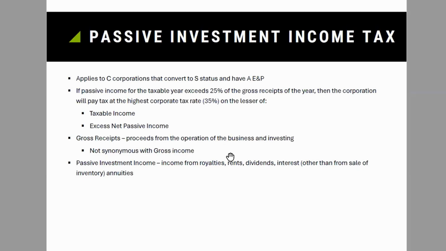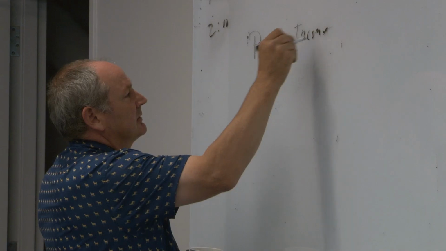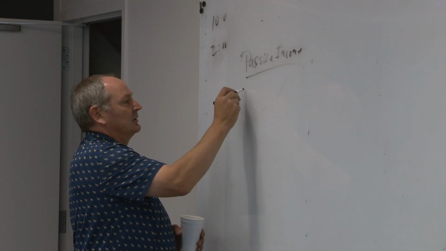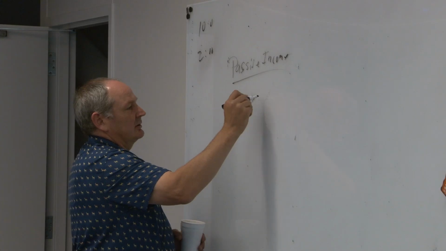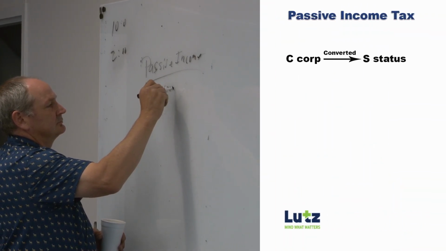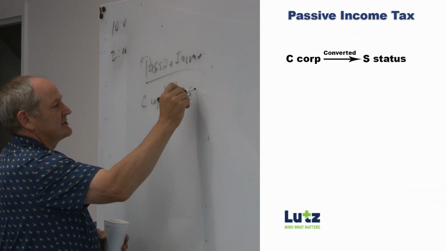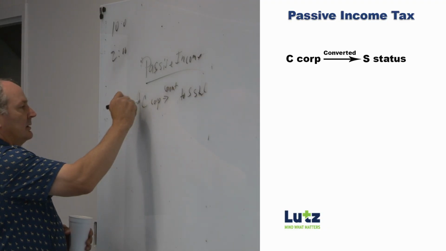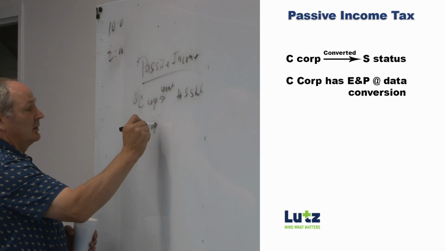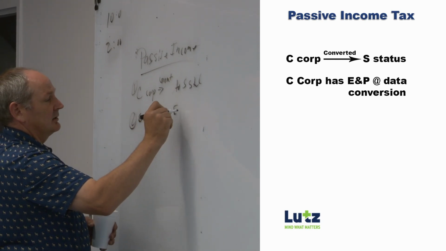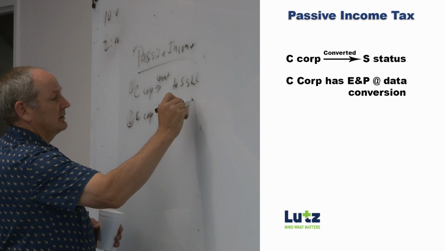Okay, so passive income tax. Now, I said this earlier. It applies to a C Corp that is converted to S status. The C Corp has E&P at the date of conversion.